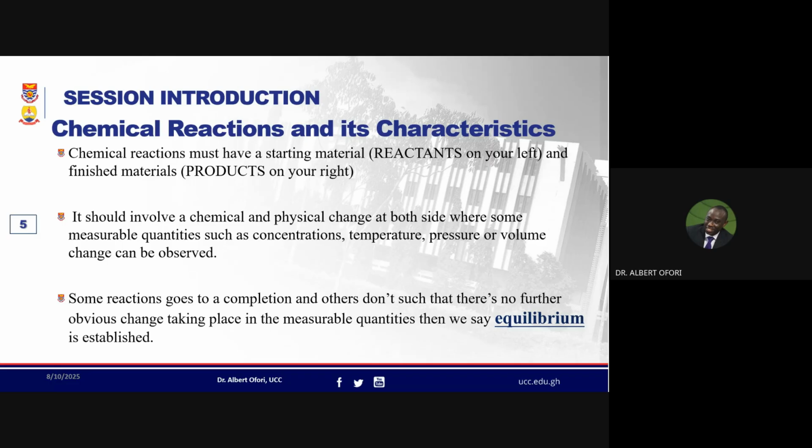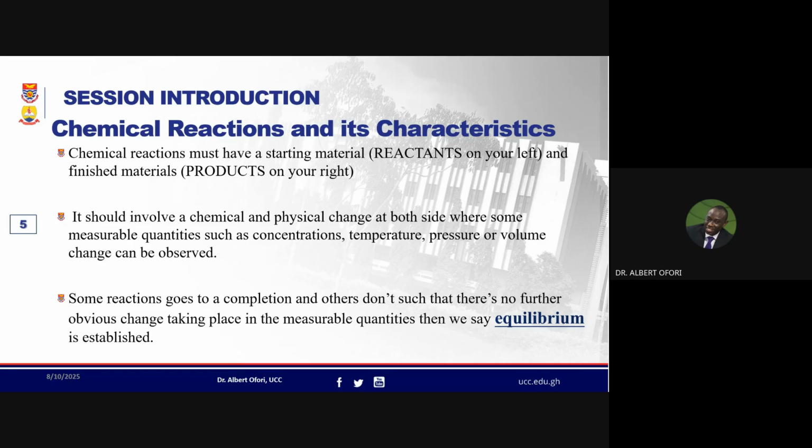A chemical reaction which goes through that kind of change, then we are saying that we are going to be establishing equilibrium. Well, factors which we try to look at: if you use physical factors, sometimes in the reaction it will become difficult to observe what is going on.